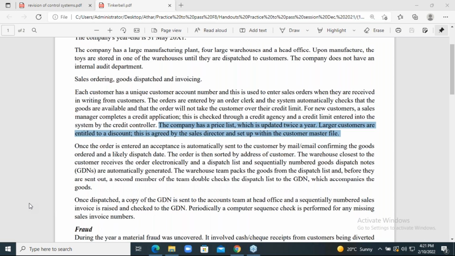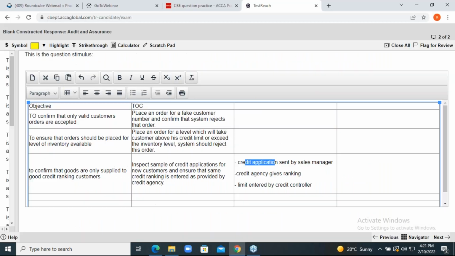Now, what should be done? This objective should be checked. Now, how are we going to check this? First of all, we need to consider what is the required test of control or objective against it.